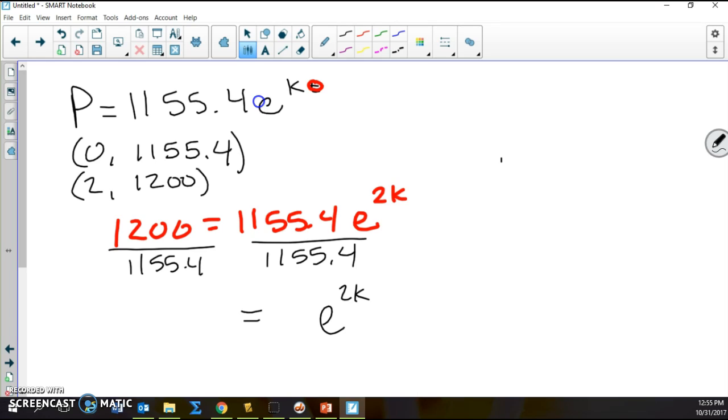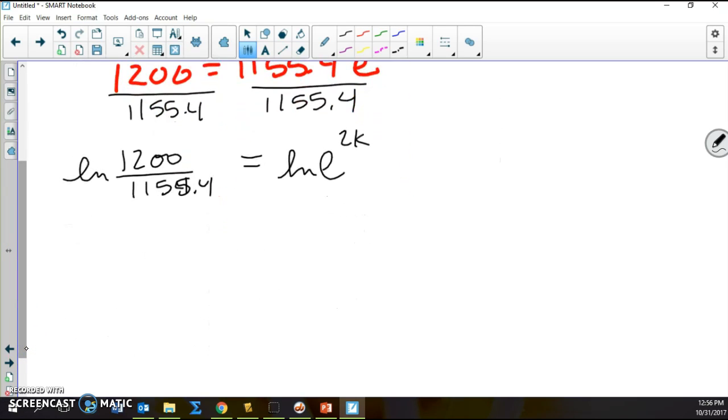And on the left-hand side, we're just going to leave it, 1200 divided by 1155.4. We're going to take the natural log of both sides because we understand that to be our inverse on the right-hand side, leaving us with just the value 2k.